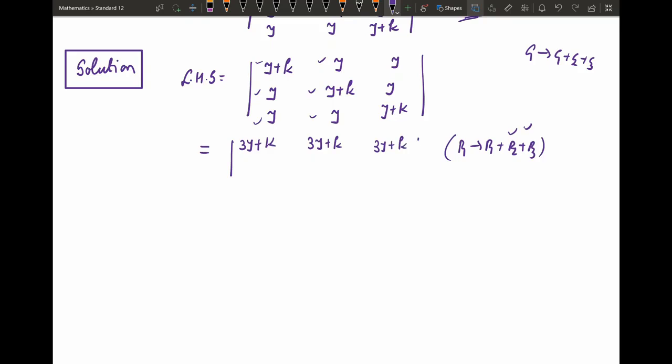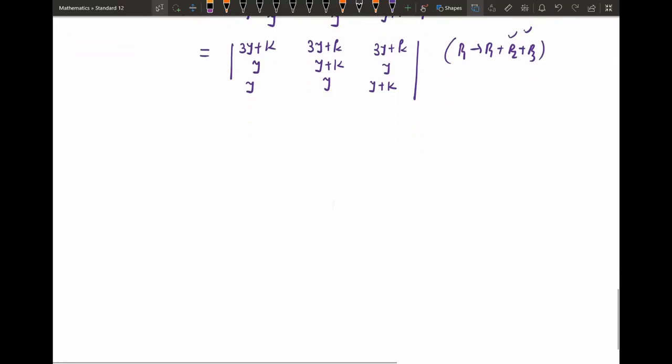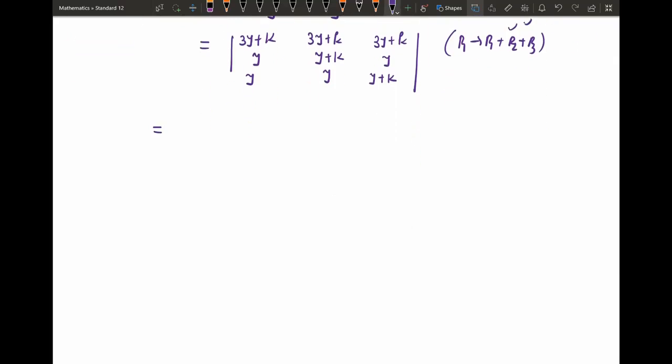So 3y plus k, y plus k, y plus k. So now you can get an idea, we can take 3y plus k common from first row. So let us take 3y plus k common.